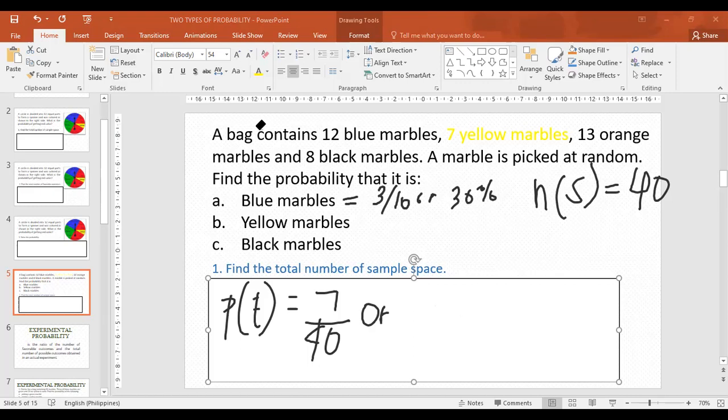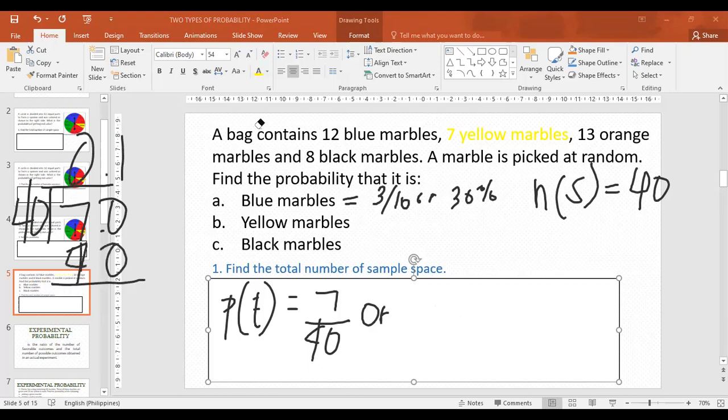7, 5. We have 1, 40, 30, another 0. So, ilang 40 ang meron sa 300?